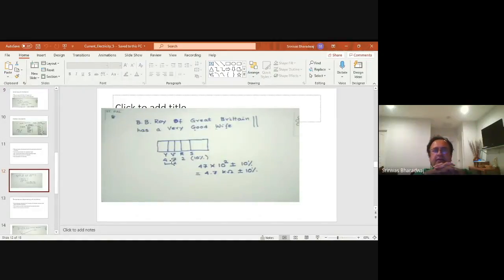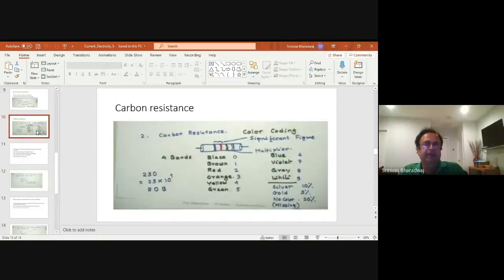B.B. Roy of Great Britain has a very good wife. What do you call it? It's a mnemonic for how to evaluate this color code.